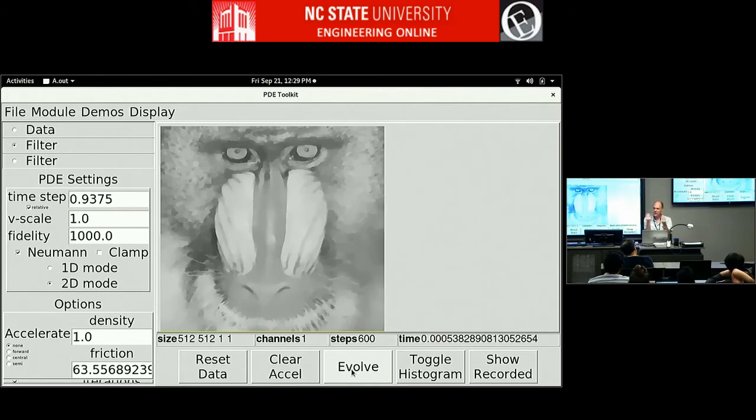It's getting rid of all the fine stuff first, then the medium stuff, and then it kind of stops based on the choice that I used for my fidelity parameter, and it's not really converged. I can run it a little bit more. You'll see some subtle additional improvements, but to really run it to convergence, at least at machine level, I would have to run tens of thousands, if not hundreds of thousands of iterations.